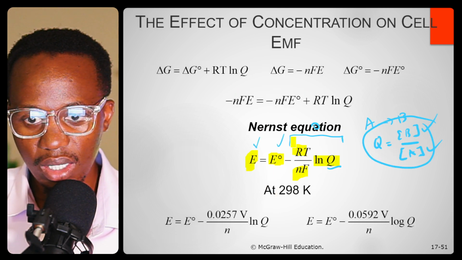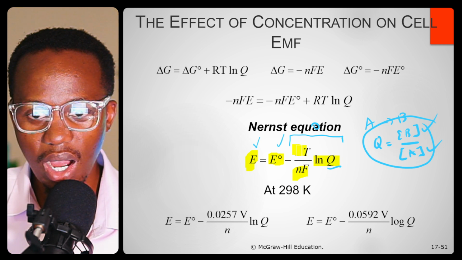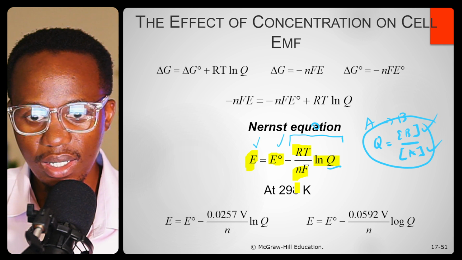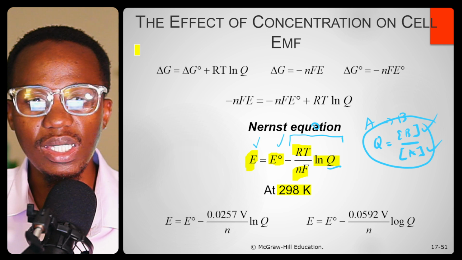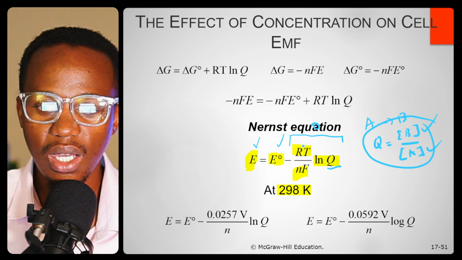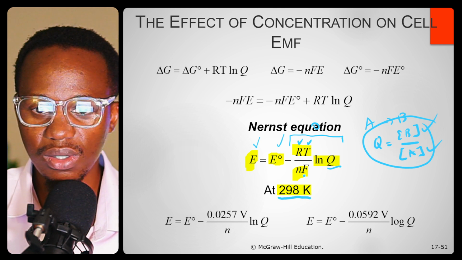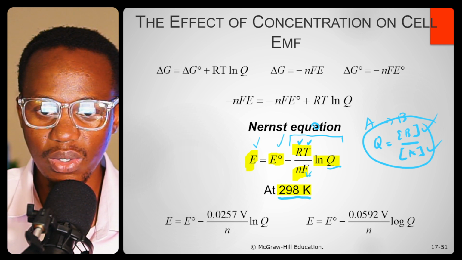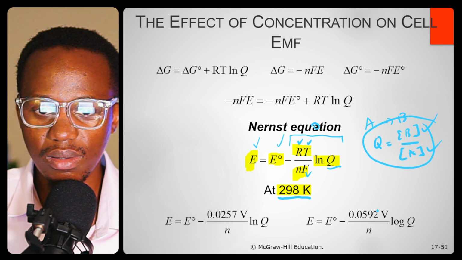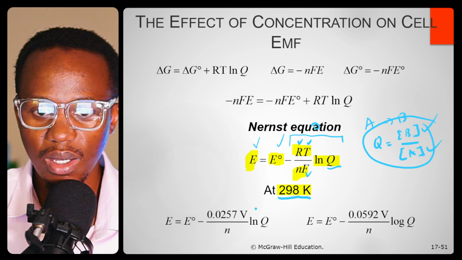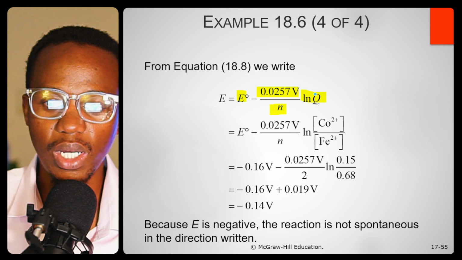So here is RT over NF ln of Q, but if you have RT already, at these degrees, you can actually simplify that even further by doing R, we have it, temperature is at standard 25 degrees Celsius, over N times the Faraday constant that we already know. So the Nernst equation can be reduced to this, but if you are confused, just use the full equation, right? Use the full equation.